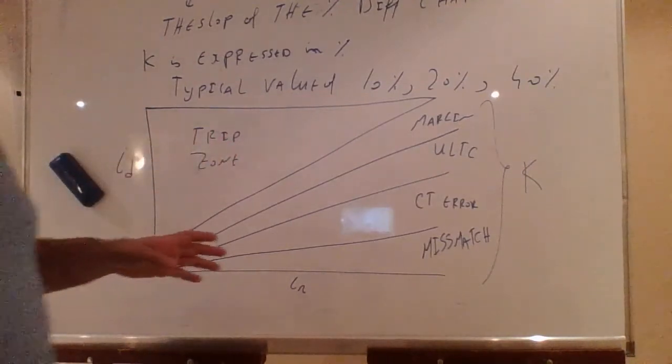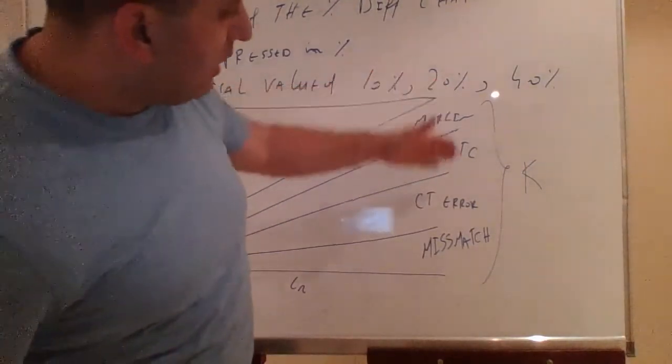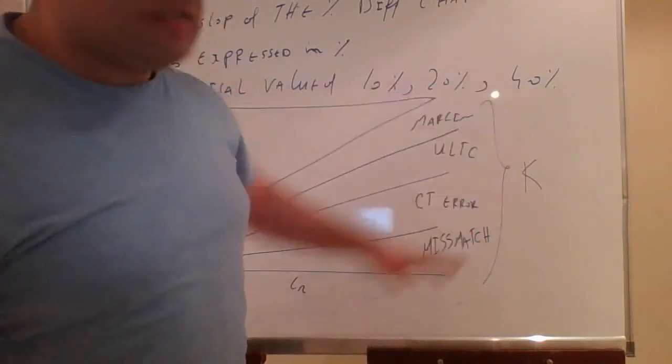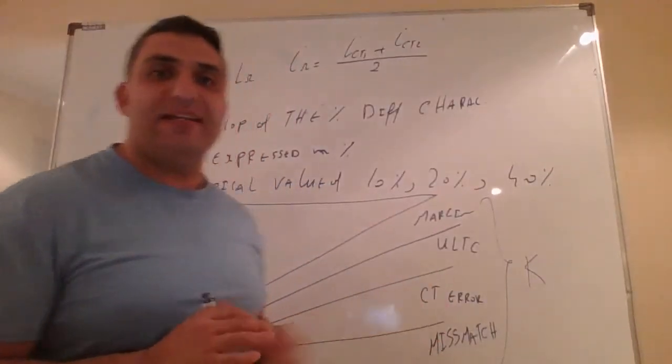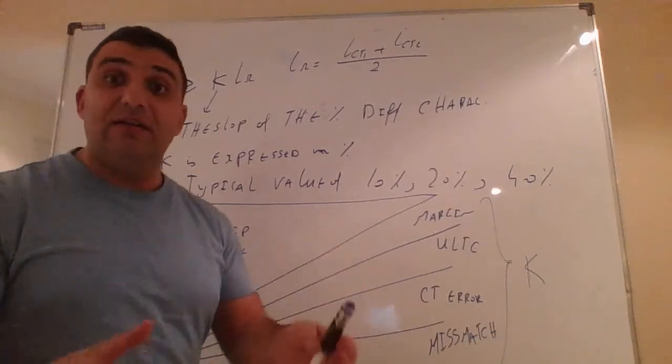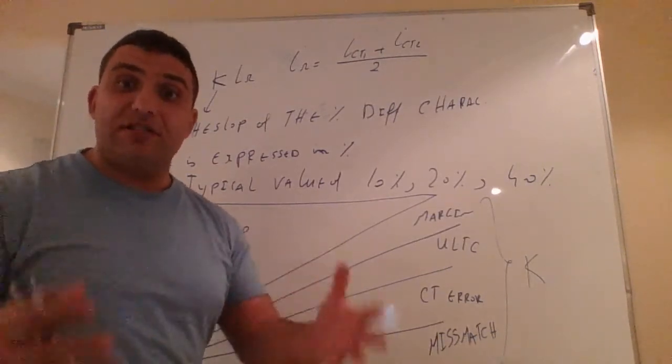The best way to see how we can calculate the mismatch error, the ULTC and the CT error, is by taking an example. Let's see how we can relate all this in a real protection case study for a single phase transformer.